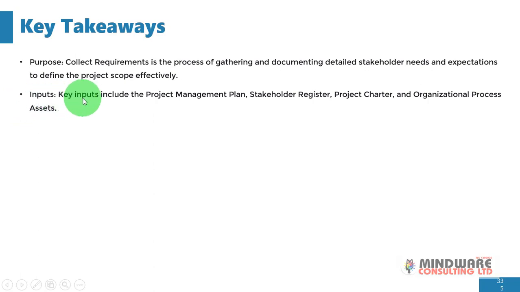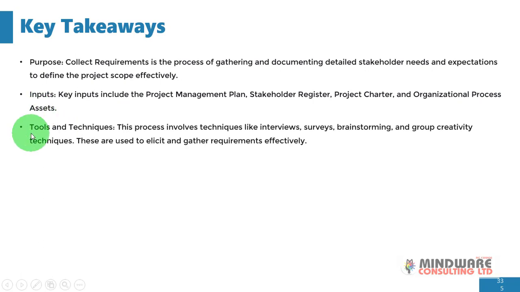Inputs include the project management plan, stakeholder register, project charter, and organizational process assets. The tools and techniques involve techniques like interviews, surveys, brainstorming, and group activity techniques. These are used to elicit and gather requirements effectively.